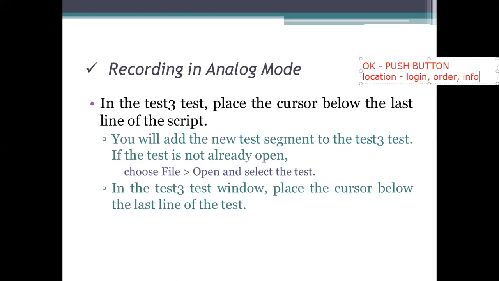Whenever we get into the login window, if any person clicks the OK button, then perform the action regarding that window only, not one used in the order or info or any other representation.